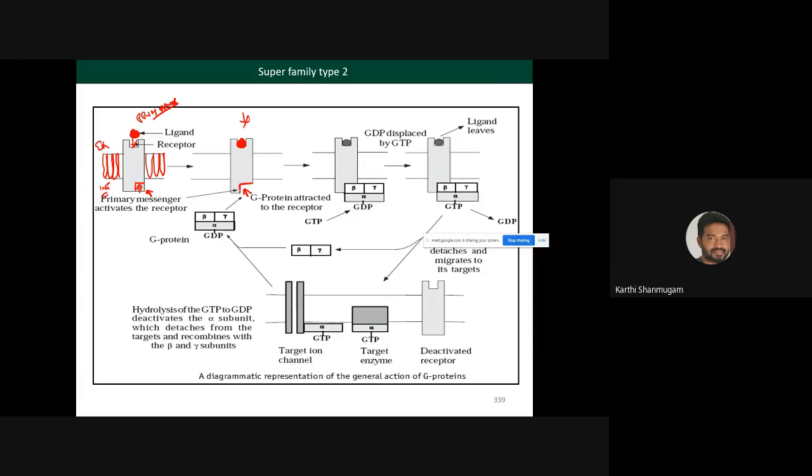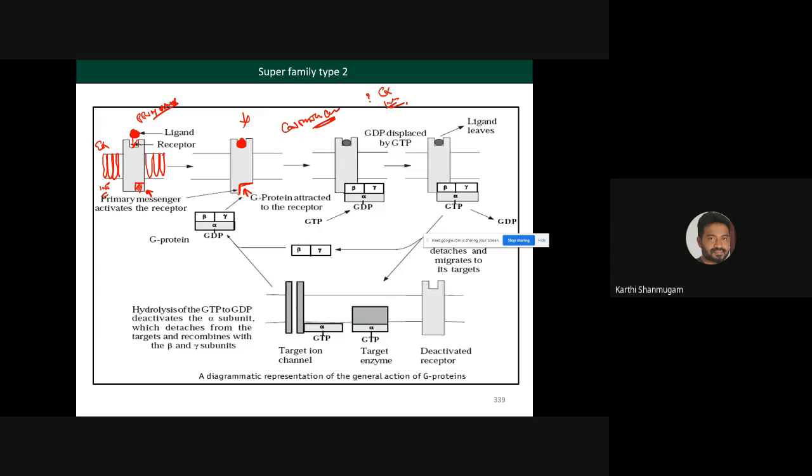This is what I mean by conformational change. The reason for this conformational change is the binding of the ligand molecule to the receptor binding site. If you ask whether the conformational change is taking place in the extracellular region or the intracellular region, definitely it is taking place in the intracellular region.